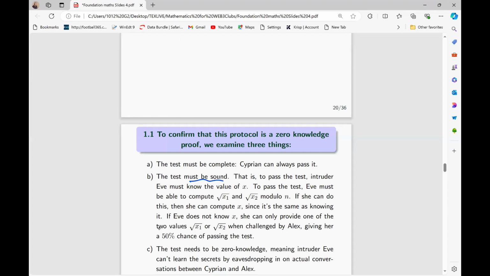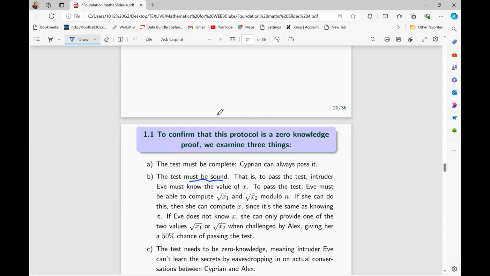That the intruder, Eve, must know the value. Let me just read what I wrote. To pass the test, it's the same thing.